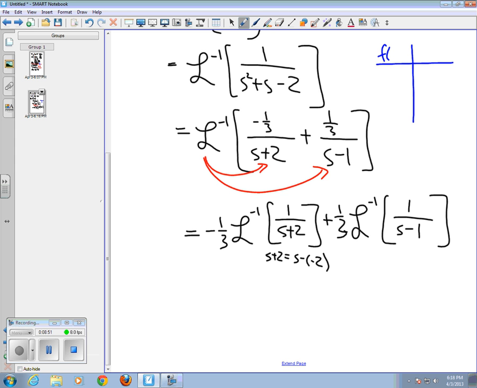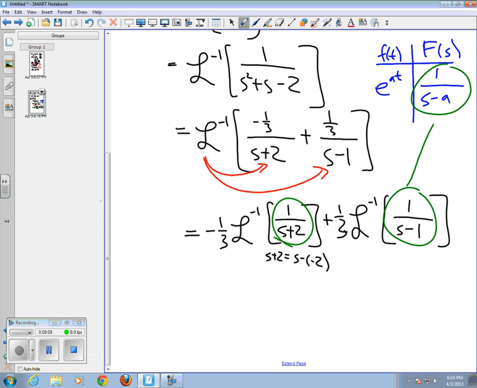Remember that when little f of t is e to the at, capital F of s is 1 over s minus a. So you can see that both of the things we have here have this form, 1 over s minus a, at least if we think of s plus 2 as being the same as s minus -2.